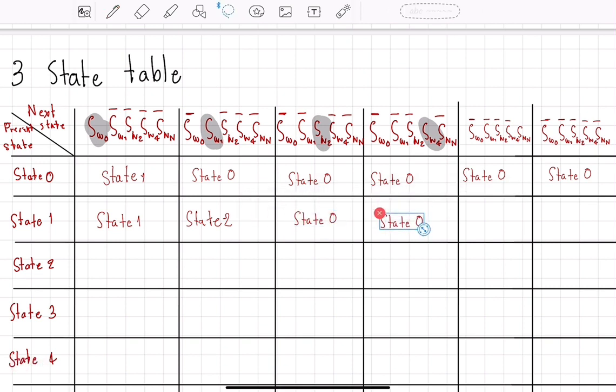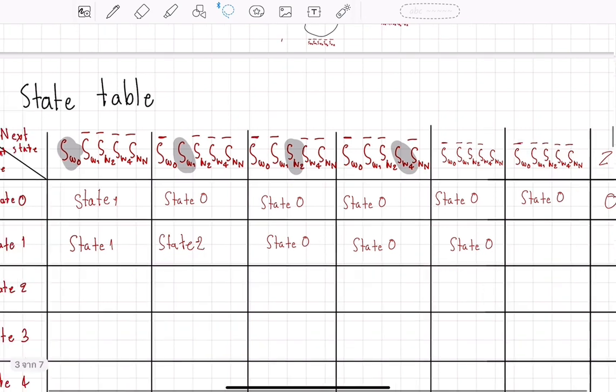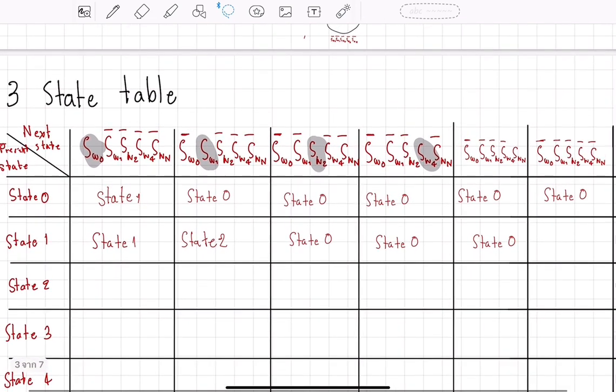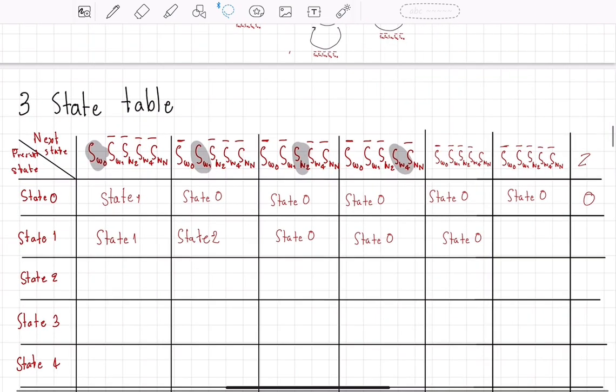I go to state 0. When I push switch N, it goes to state 0. When I don't push any switch, okay, that means I push switch 1 and go to state 1.